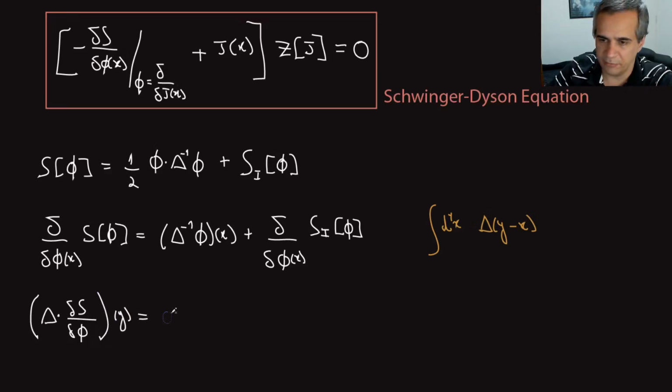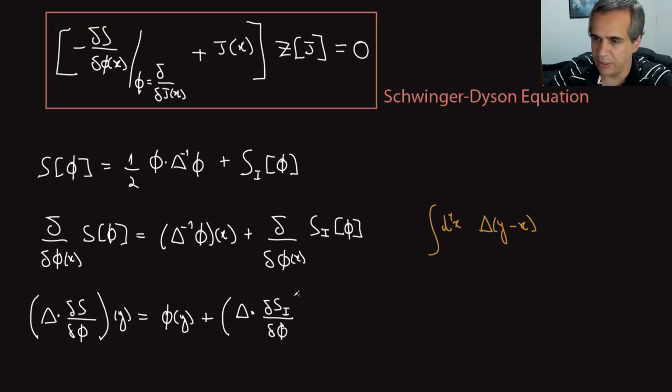Here I get phi of y, because this delta gets the delta minus 1 here, then that becomes just the Dirac delta, and I do the integral. And here I have the same: delta S interaction, the interaction part of the action, over delta phi, which is again a function of y.